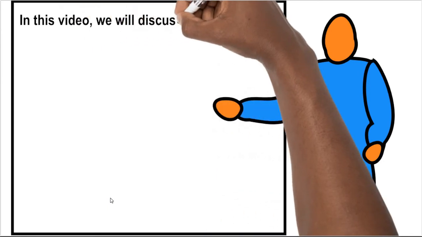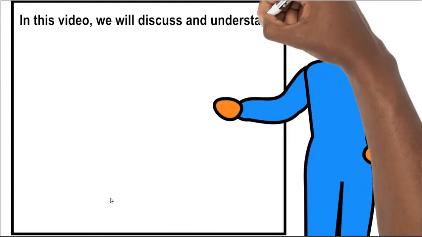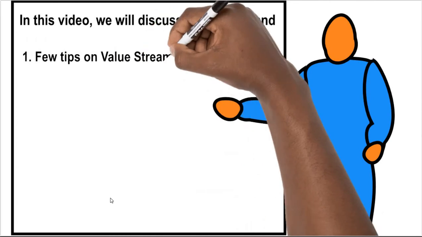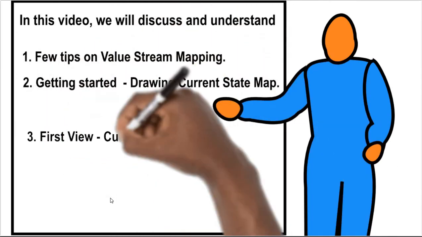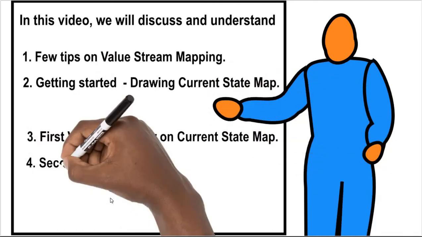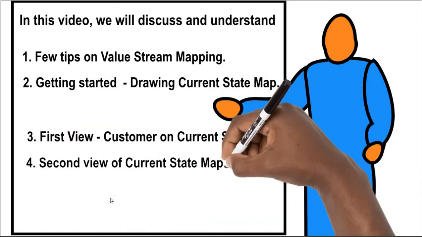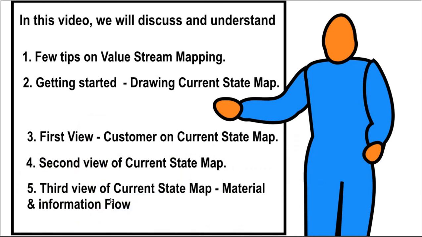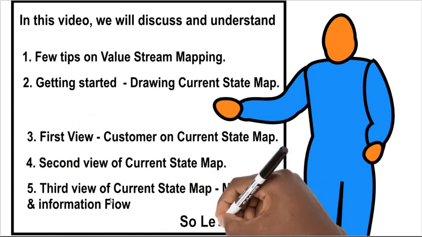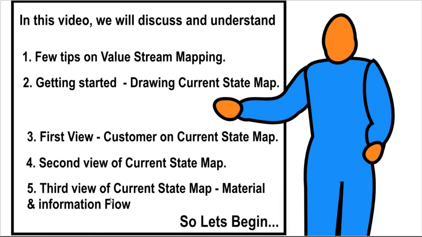In this video, let's discuss and understand a few tips on value stream mapping, getting started with the current state map, first and second view of the current state map, and finally the third view of the current state map with material and information flow. So let's begin.